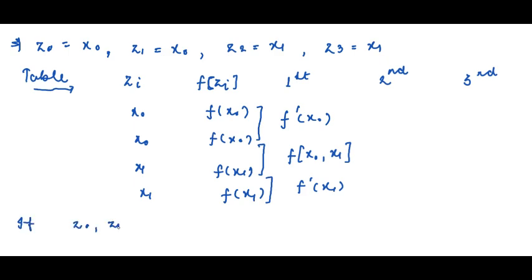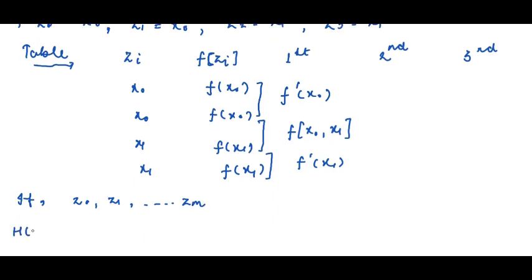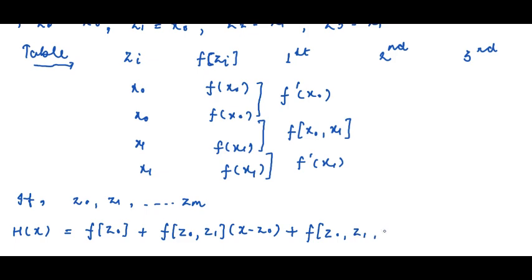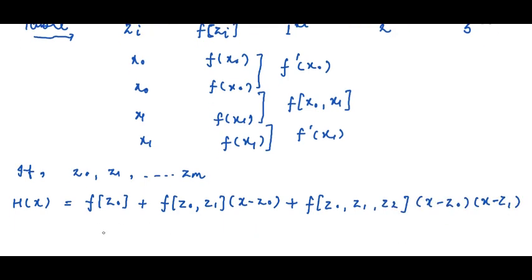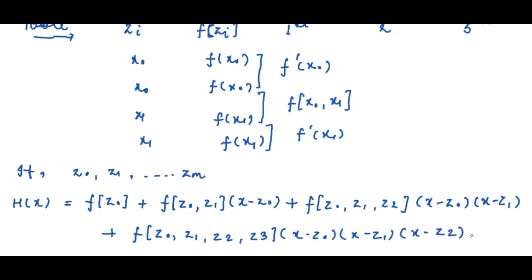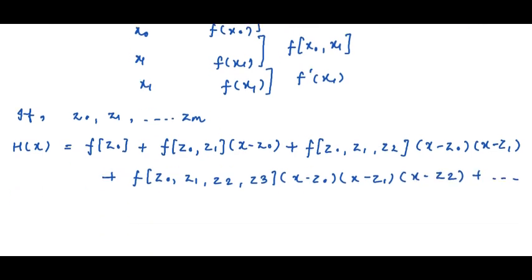If the repeated nodes are z0, z1 up to zm, then the Hermite interpolation polynomial H(x) becomes f at z0 plus f at z0, z1 multiplied by x minus z0, plus f at z0, z1, z2 multiplied by x minus z0, x minus z1, plus f at z0, z1, z2, z3 multiplied by x minus z0, x minus z1, x minus z2, and so on.